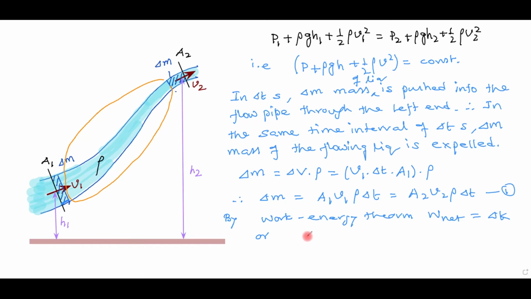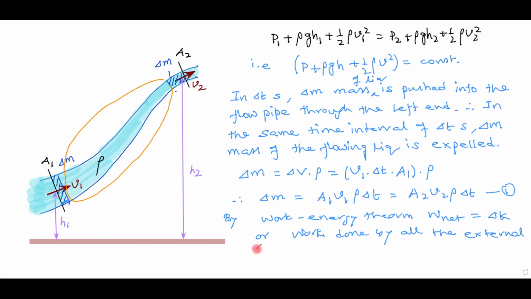W net is the work done by, I am telling by, it is not against, work done by all the forces. Okay. Now, these forces include conservative force, non-conservative force, all the forces. So work done by all the forces, work done by all the external forces. This is another important point.